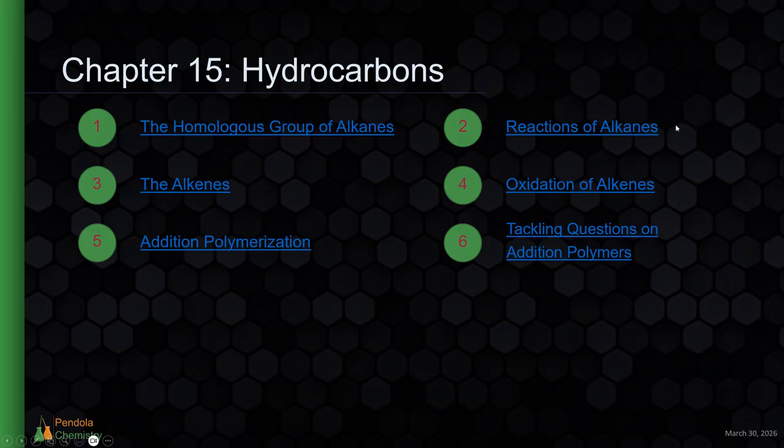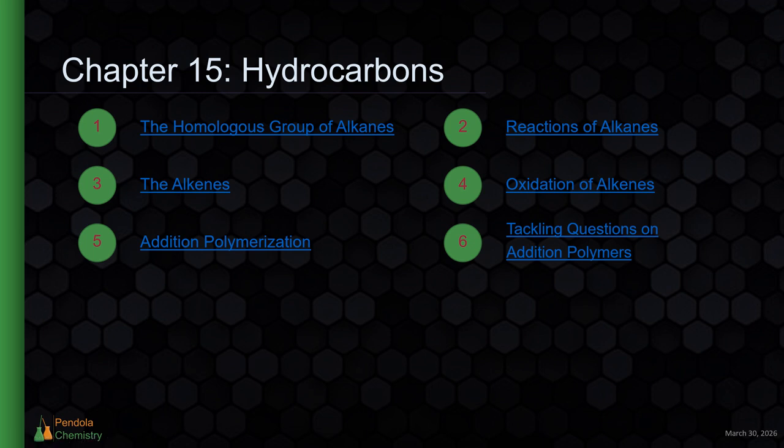So we're going to start section 2 with how alkanes react. Then we're going to move on to a different type of hydrocarbon, because remember, there are multiple different types of hydrocarbons, which are the alkenes in section 3. We're going to look in section 4 at the specific oxidation reactions of alkenes.